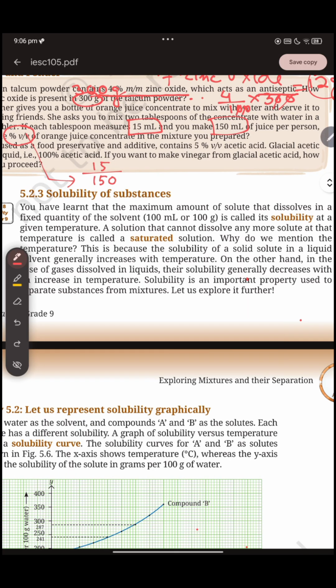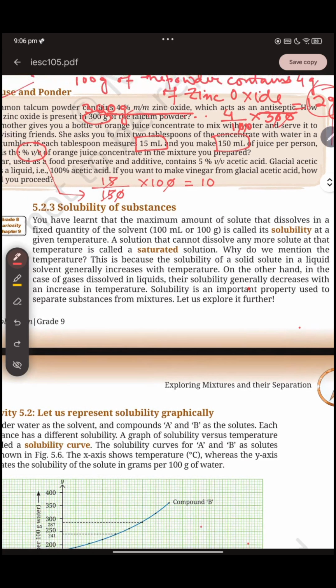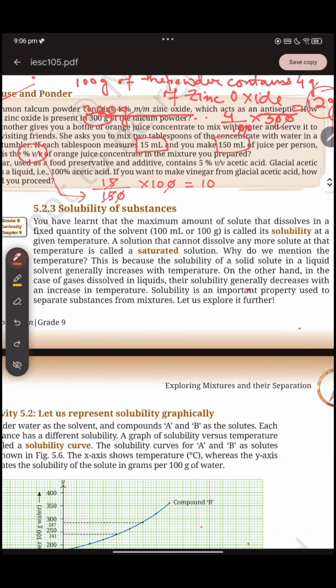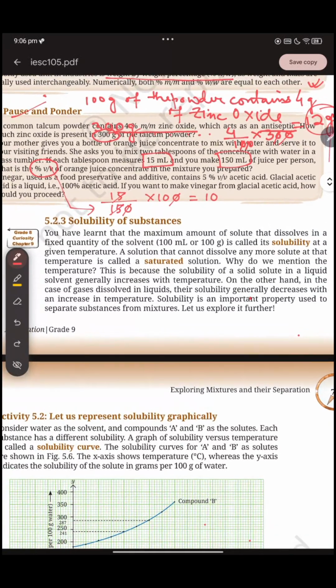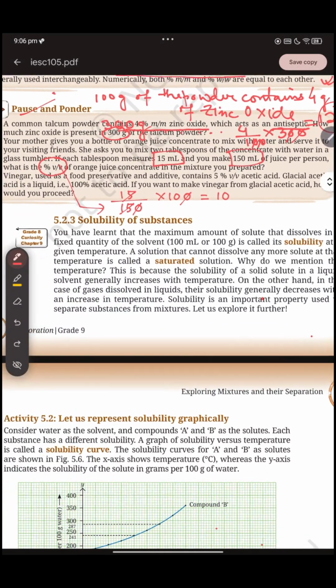So this is 150, now into 100. So you strike out this 15 and 15. So how much? 10. So you are using 10% actually. So what is the percent? This is 10% V by V.